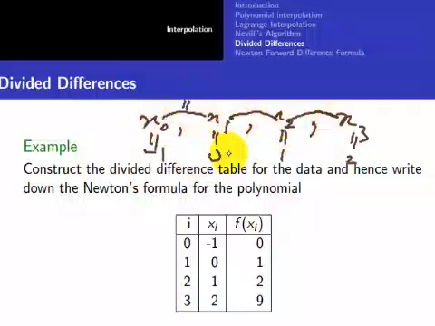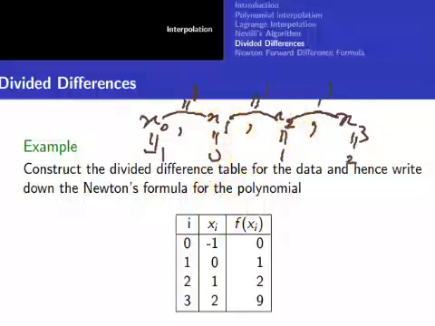We are interested in the quantity of that distance, not the sign. So the magnitude would be 1. The distance between the next two x's is also equal to 1, and this one is also equal to 1.